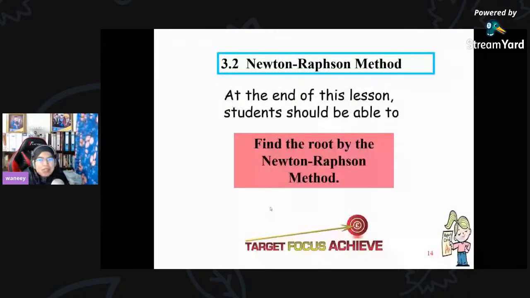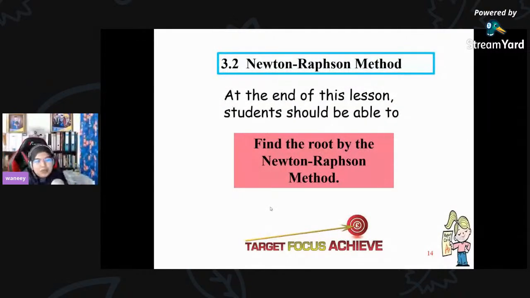Now let us see how to approximate the solution by using an iterative process, where in your syllabus we are going to learn how to find the root by using the Newton-Raphson method. Before this we already have the initial approximation.